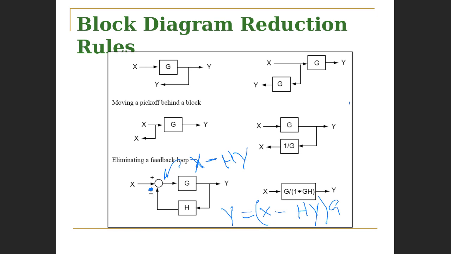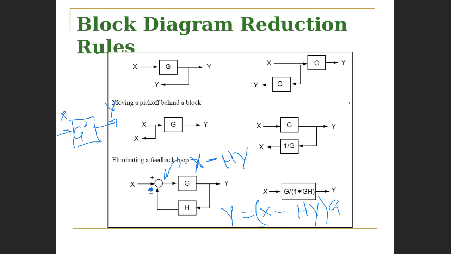Now remember, what we wanted is to represent this loop as a single block, and again, apologies for the space challenge. What is going into that block is a signal called X, and what is coming out is a signal called Y. If we keep this transfer function as a symbol, we have G there, so we can't call it G. Let's call it G prime.